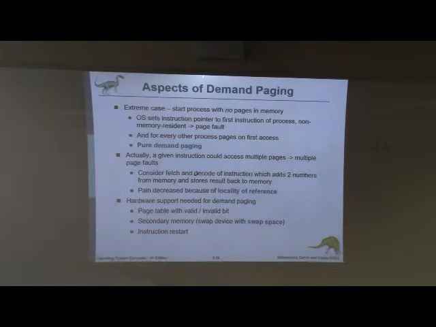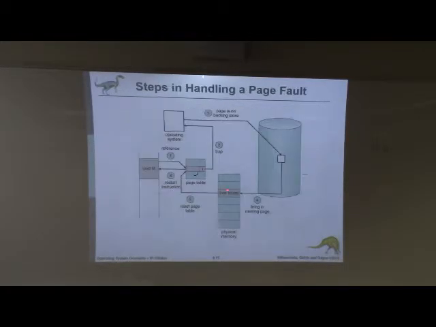For demand paging, we don't have to load everything. Using demand paging, we do not load the entire logical memory into the physical memory. Whenever we need it, we load it, which means the first time is a page fault, because it's not in the physical memory.